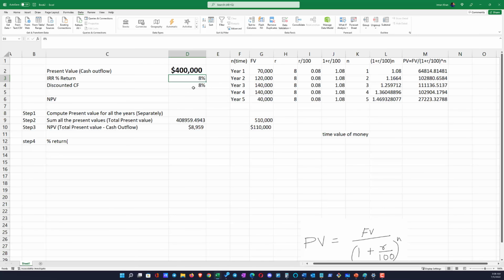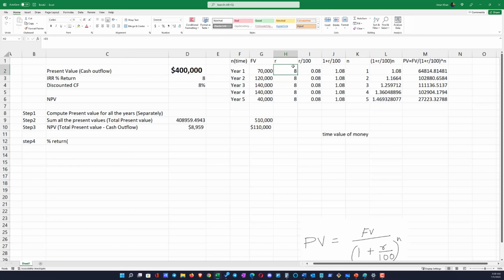Now, as I mentioned, the return that you're getting should be more than 8%, right? Now, if I make this, let's say, 9%, okay, sorry. I'll show you a little trick. I typed in 8 here, right? I'll use the formula here instead and give reference to this particular cell.